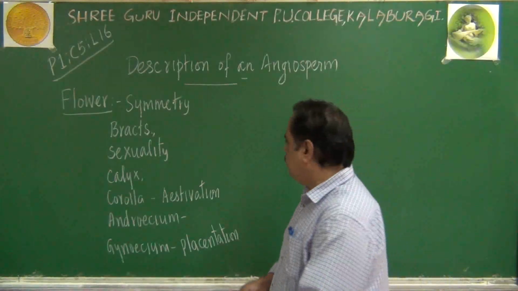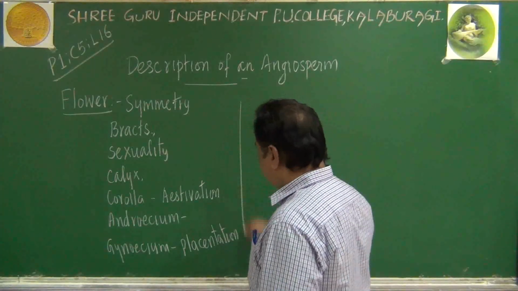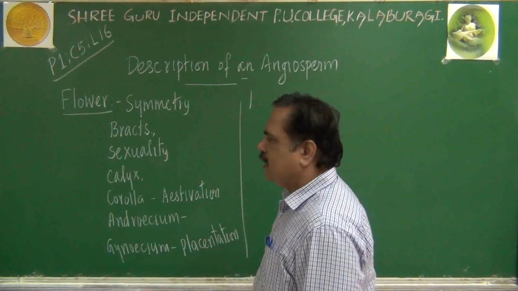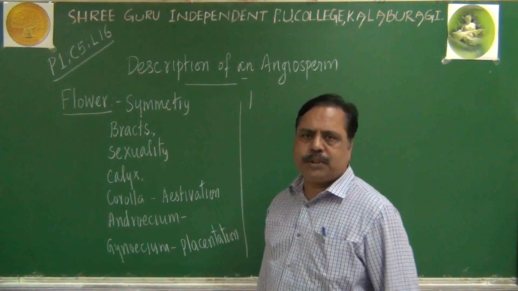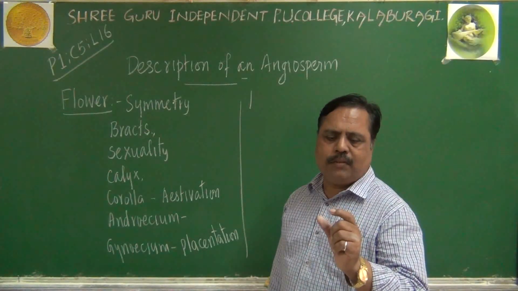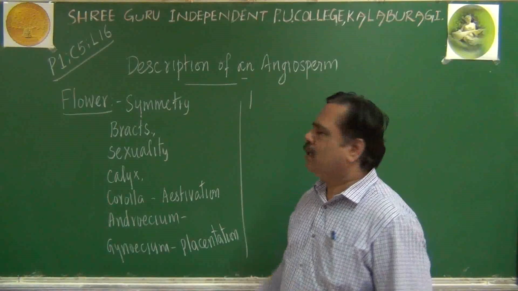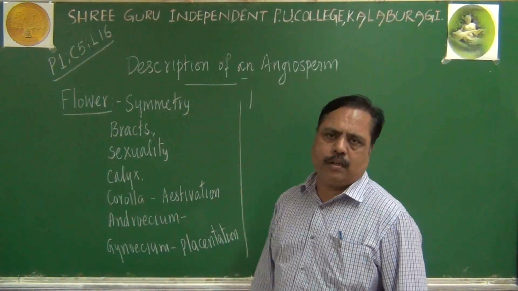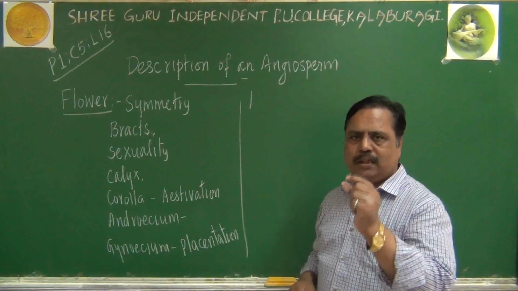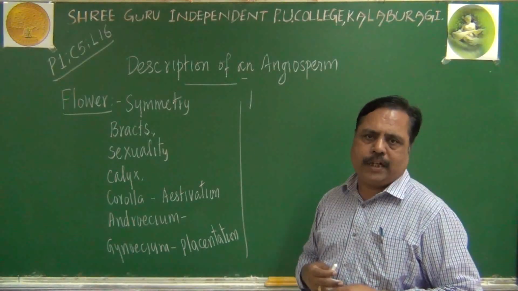Now, I want to introduce another point in this case. These terminologies can be used for description. In addition to that, scientists have discovered a special method for describing a flower also. They are using some symbols for describing a flower actually.